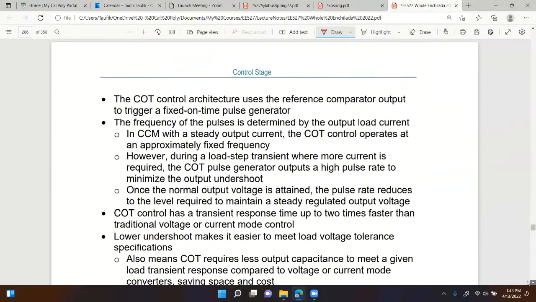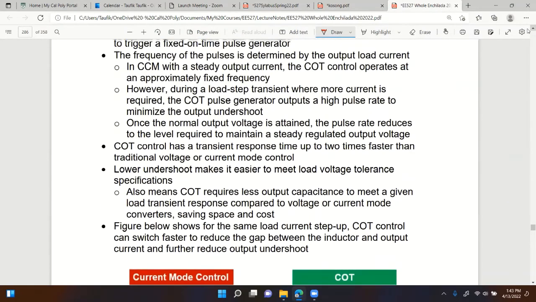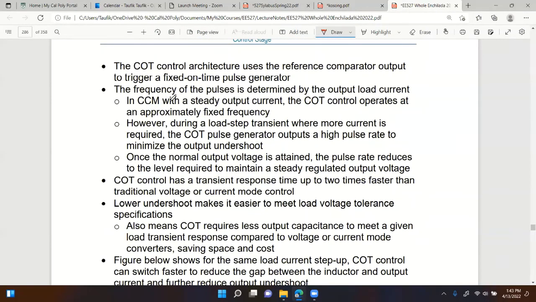What else should I say? Yeah, so let's just see how this does it. Well, before I do that, let's look at several points here. The COT control architecture uses the reference comparator output, as we already know, to trigger a fixed on-time pulse generator.